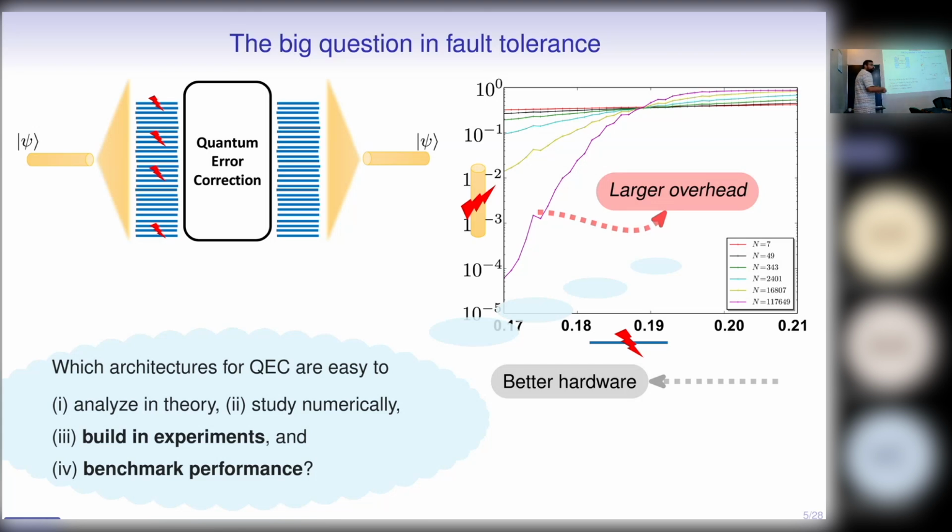We want to study it numerically because right now we can't build the device. We have to do classical simulations. And eventually we want to keep in mind that we have to do a physical realization. So they have to be friendly towards adapting it into some existing many body systems. And eventually we want to know the performance before building it. We want to know what we can achieve.